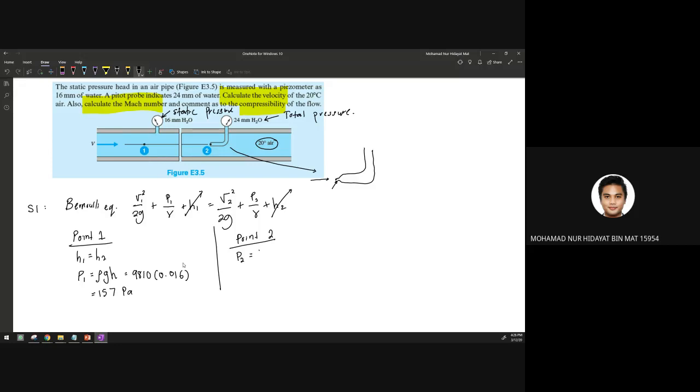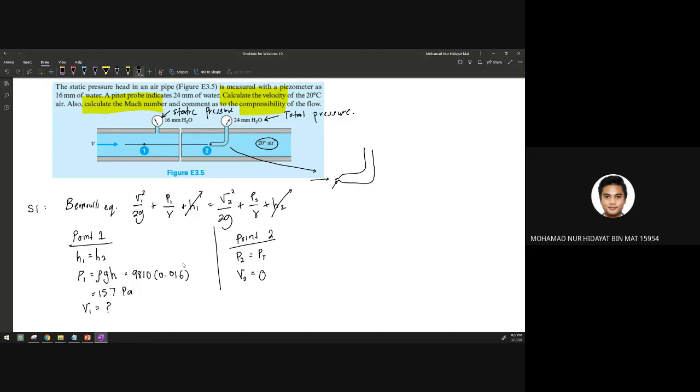So the pressure at 2 is actually equal to the stagnation pressure. And the velocity at 2? Definitely, at the stagnation point, it will decelerate and become 0. So the velocity V1 is what we are looking for. Remember, calculate the velocity.